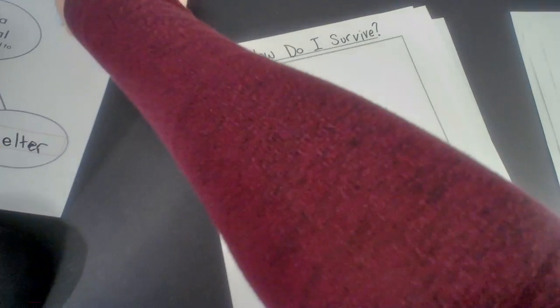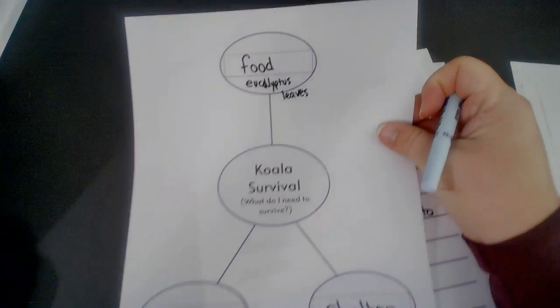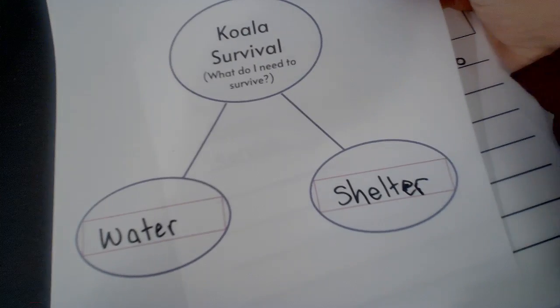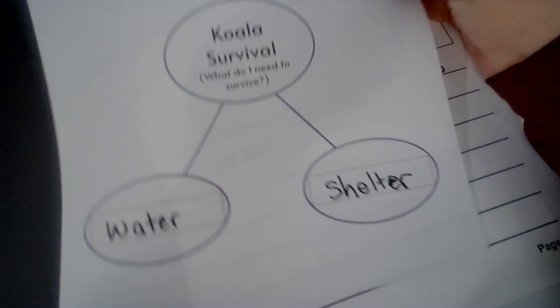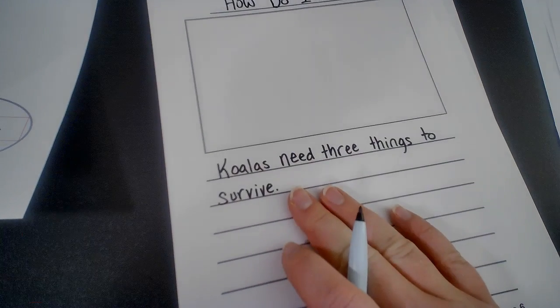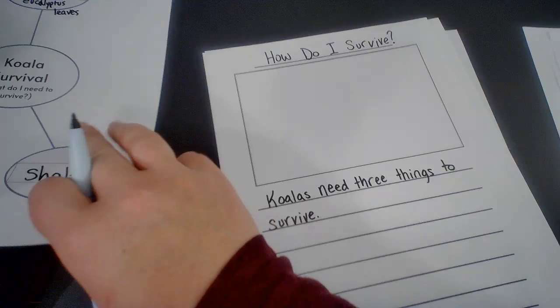Now let's look at our word web because that will help us know what we want to write about. Which one do you want to write about first? Food, water, or shelter? You decide, what do you want to write about next and write a sentence about it. When you finish that sentence, then go back to your word web.